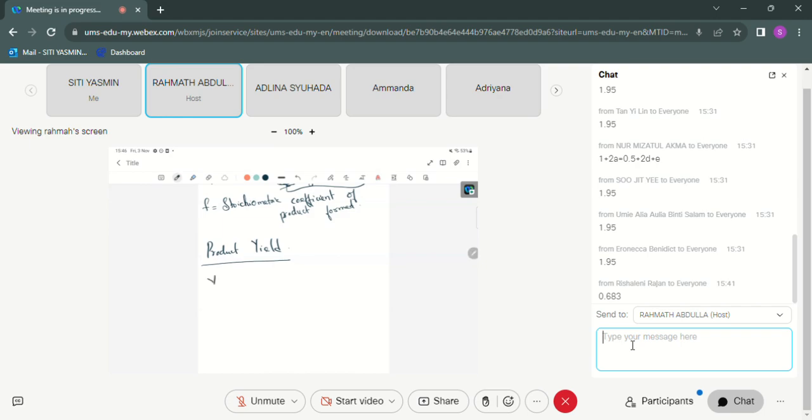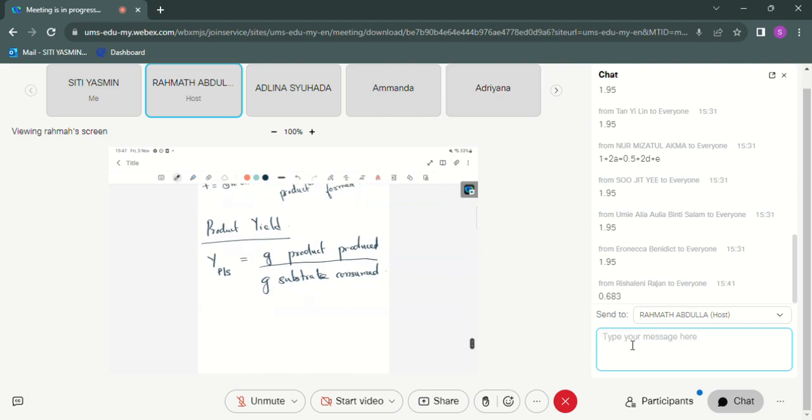So here we have Y P over S equals gram product produced over gram substrate consumed. Clear? So far so good. Can you follow?